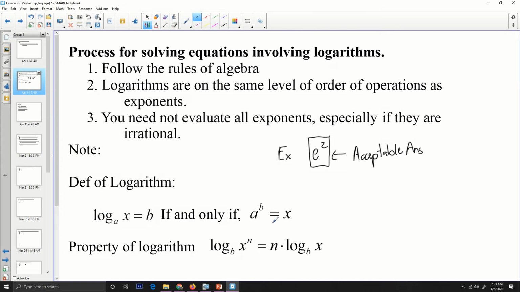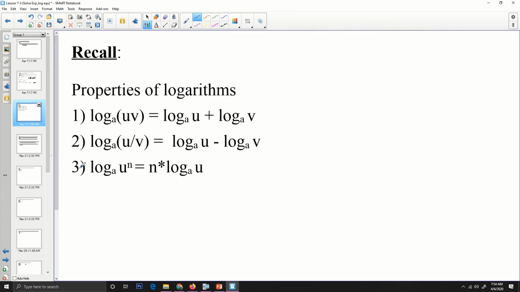That's going to help you quite a bit, especially if you know a and b and you're looking to solve for x, because you can go a to b and you just type that in your calculator. And then the property of logarithms that allows you to bring exponents down front is going to be useful, as well as log base a of a to the x equaling just x will also be useful to you.